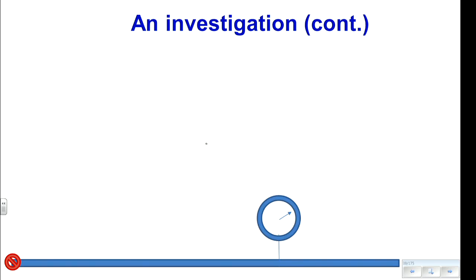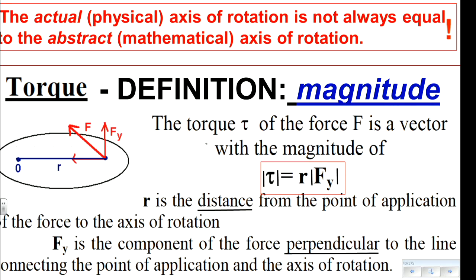So we need a physical variable which combines force and angle and location. And after many, many experiments like that, people have invented it. And one of the first people who used this new variable, torque, was Archimedes.